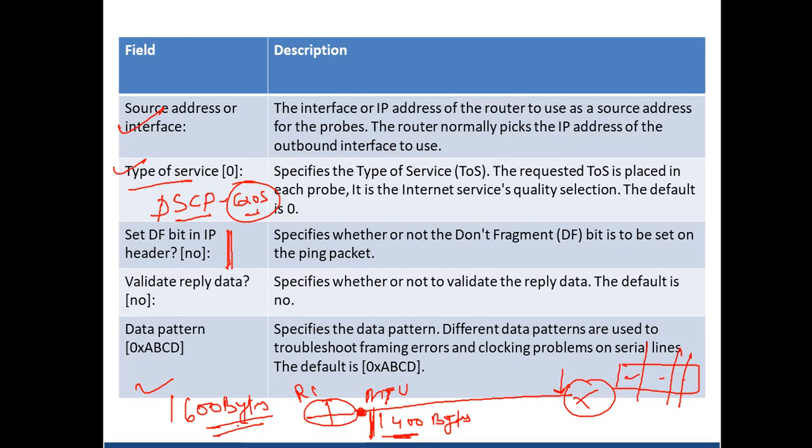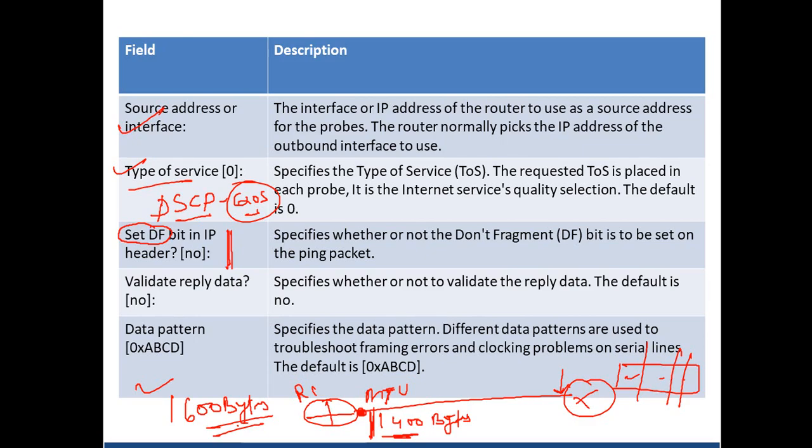But if this DF bit, the do not fragment bit, inside the IP header is set, then fragmentation is not allowed, which means if the packet size exceeds the MTU and the DF bit is set, then the packet will not be sent out via this interface. Which means only packets equal to the MTU size or lower than that will be sent out of that specific interface. So that's the basic purpose of the DF bit.